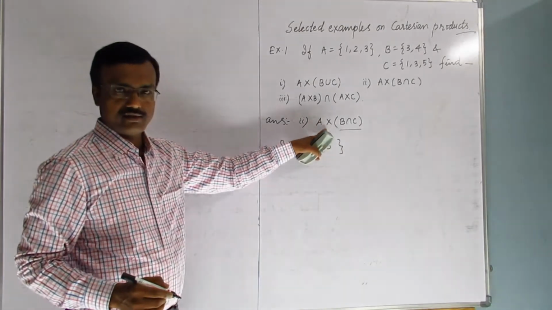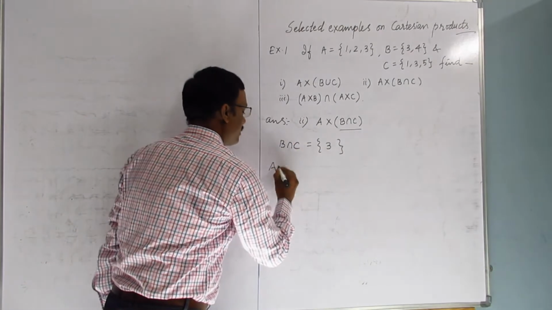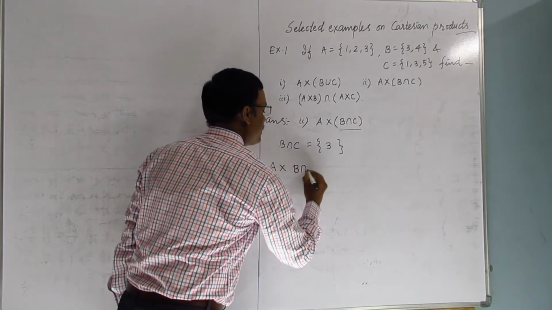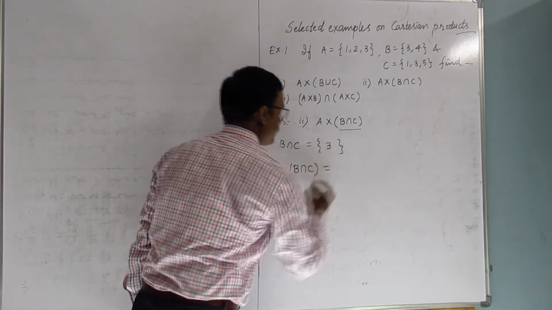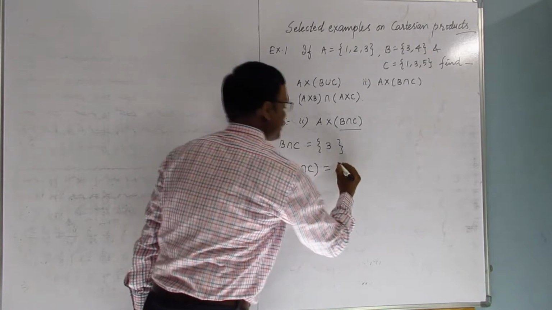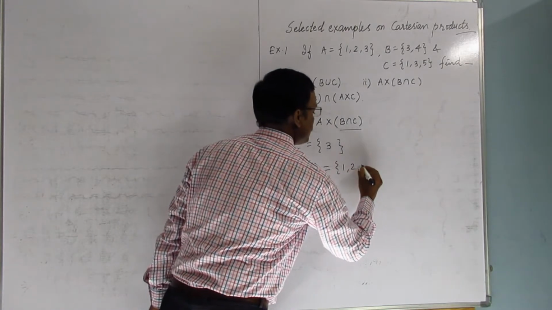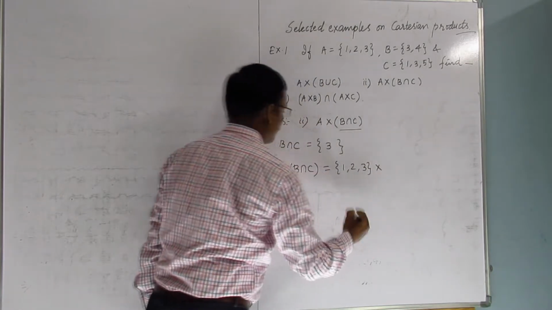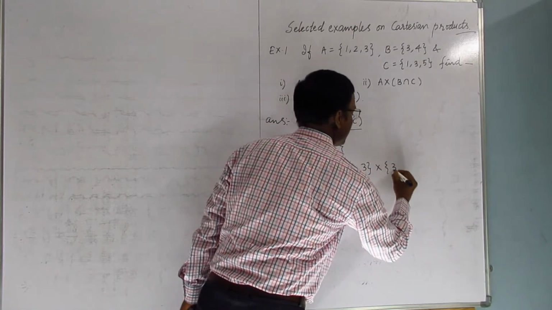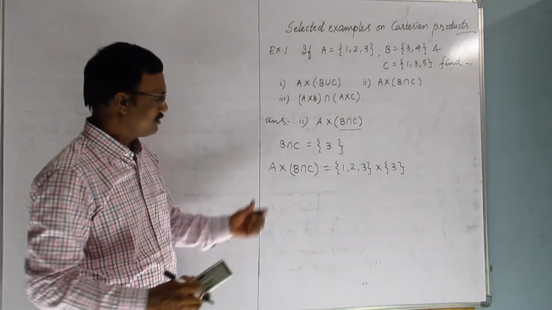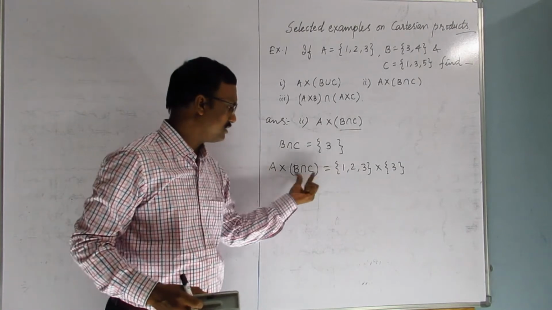Now we can try to get the Cartesian product A cross B intersection C. I will write it first: A, the set 1, 2, 3, Cartesian product B intersection C, which means the singleton set 3. So just writing the values for A and the value for this set.